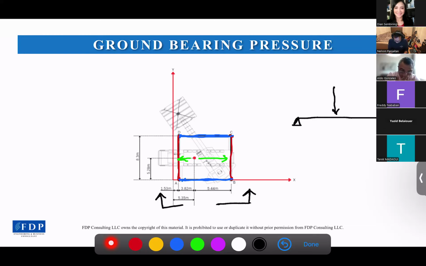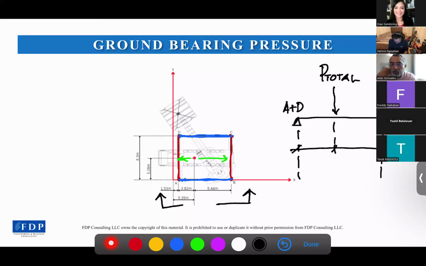This is the COG, or I will say P total. And this will be A plus D, and this will be B plus C, correct?